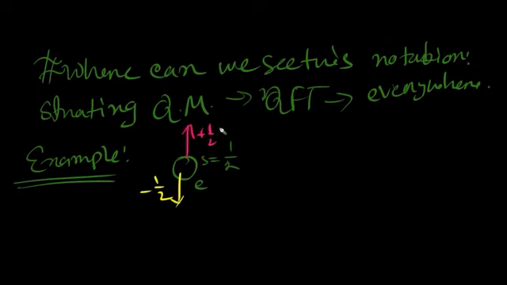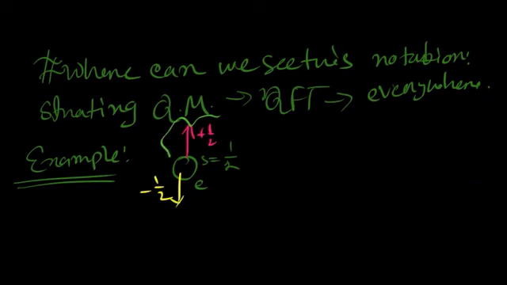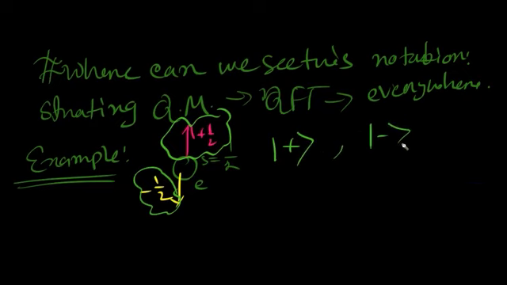We can represent these two states using the plus ket and the minus ket. So this is one example where you can use these bracket notations, and the states for this particular example are just column vectors.